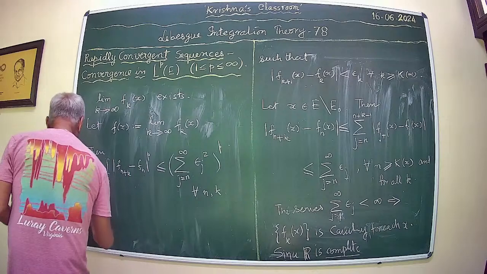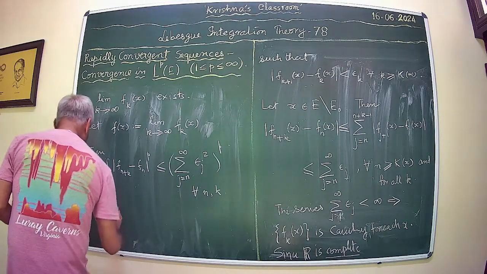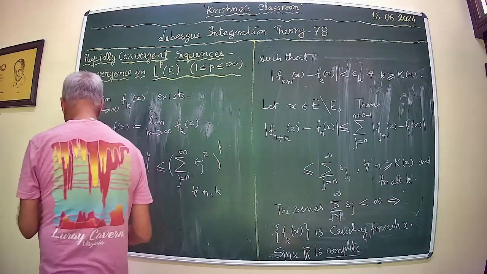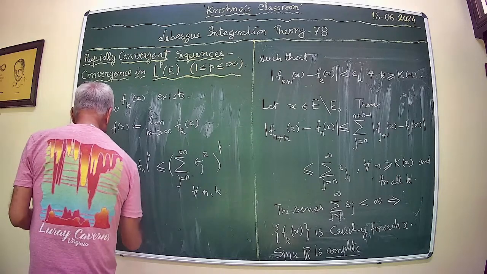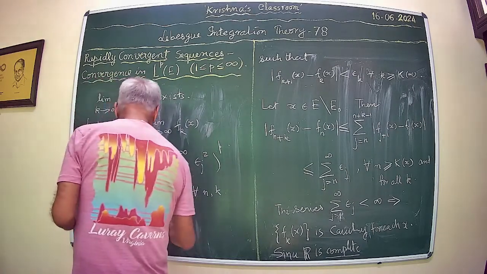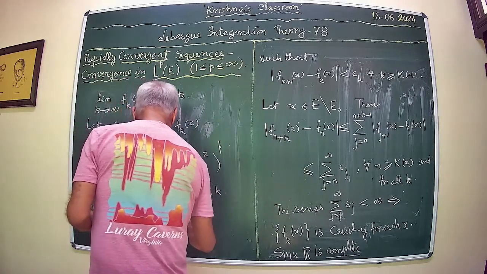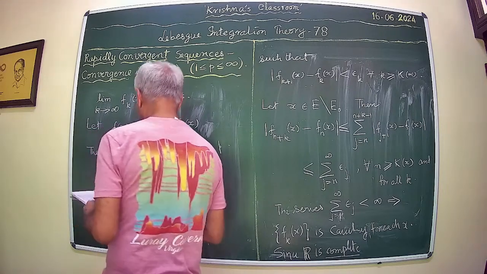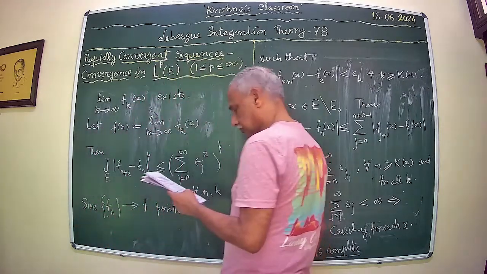Since fn converges pointwise almost everywhere on E, we have proved one part of the theorem.